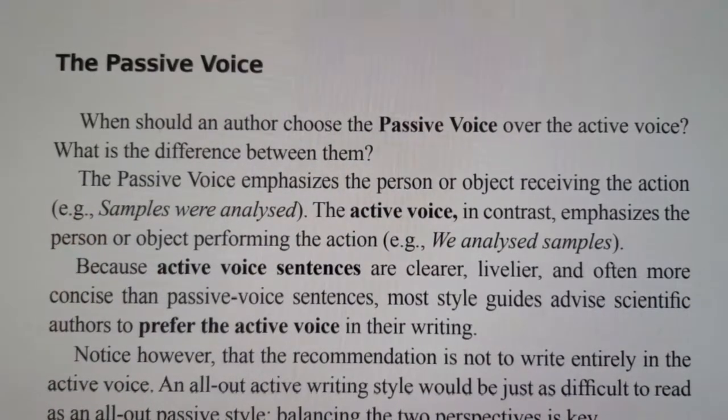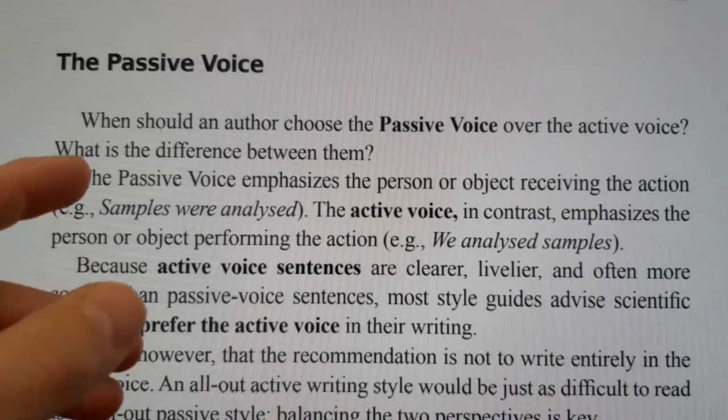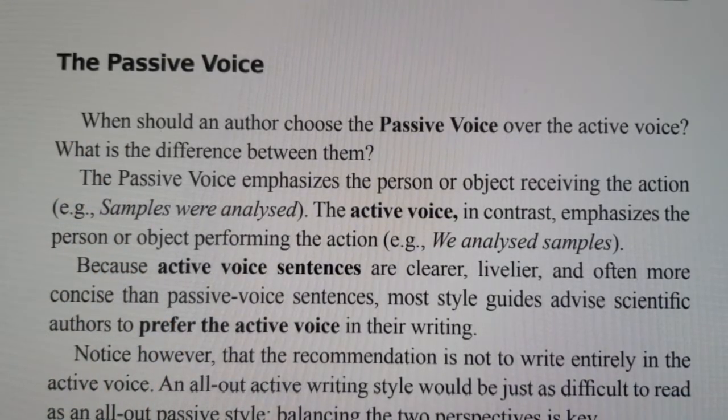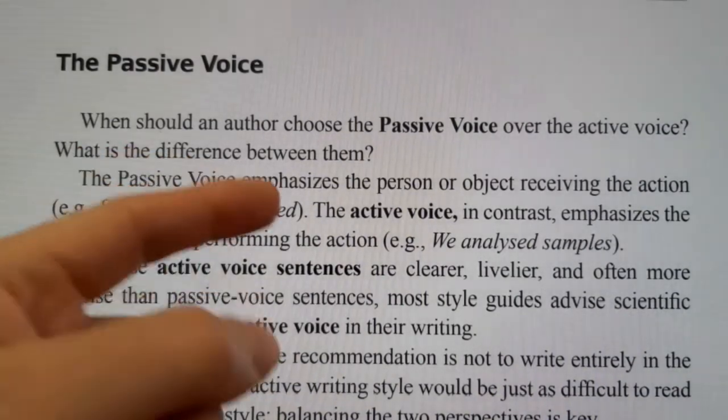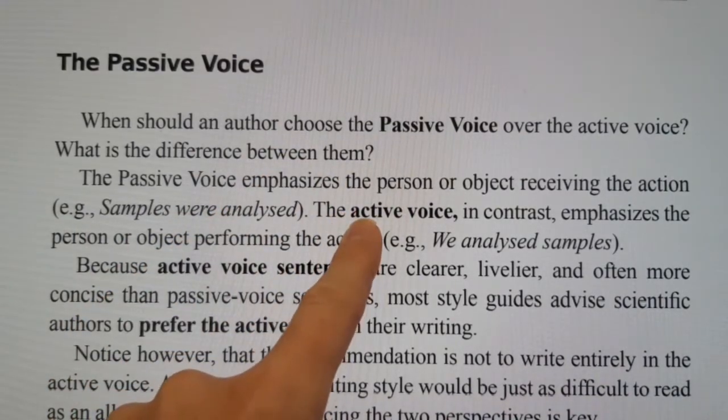But I want to look here at this passive voice. It's always recommended, if you remember last week's video, Kevin from Wordvice said that it's good to use a mixture of passive and active.